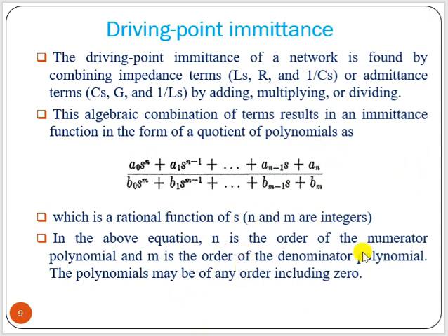In the above equation, n is the order of the numerator and m is the order of the denominator polynomial. So this is a rational function, which is nothing but the ratio of two polynomials, numerator polynomial and denominator polynomial. Polynomials are nothing but integral positive powers of a variable, in this case the variable s. And a0, a1, b0, b1 are the coefficients.